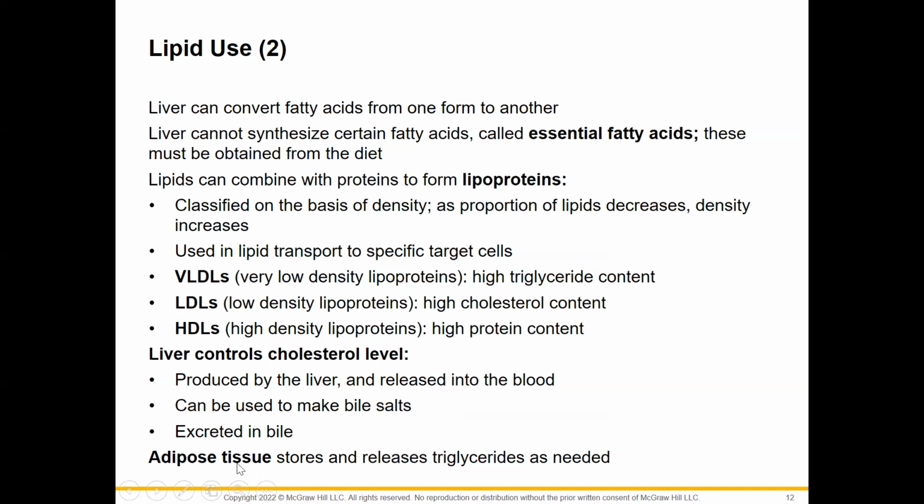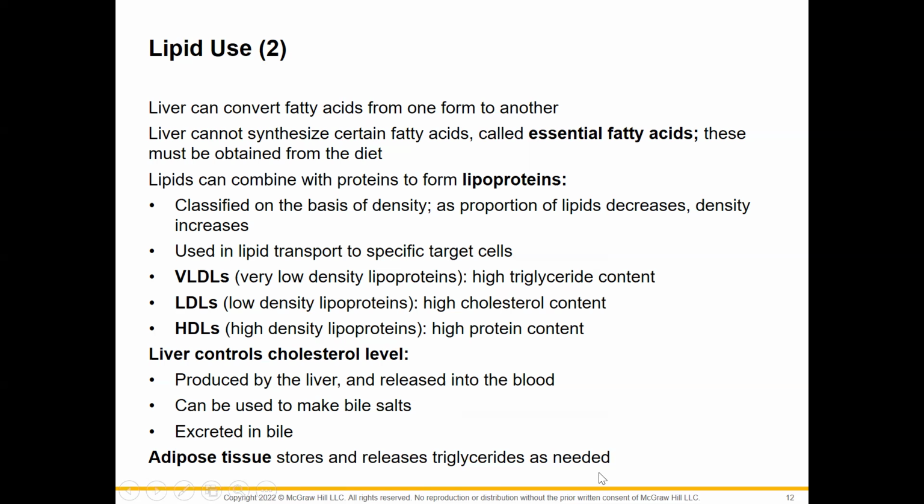Your adipose tissue, these adipose cells, are waiting for more and more adipose molecules to be created so that they can basically get bigger and bigger. Your adipose tissue is what stores and releases your triglycerides as needed.